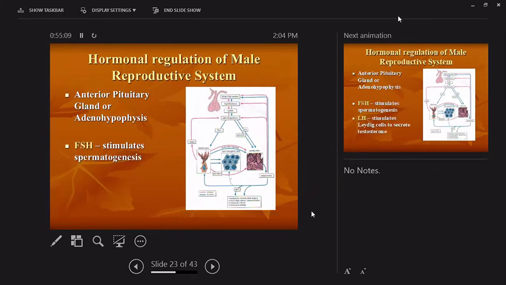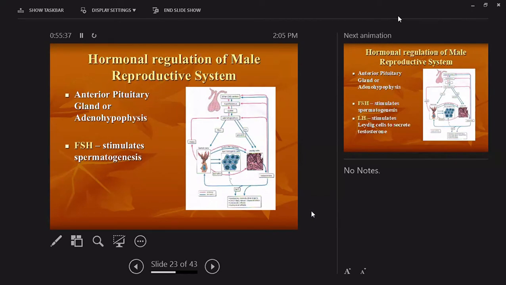FSH, follicle stimulating hormone, stimulates spermatogenesis. Look at the diagram. You would know that there is a feedback mechanism. If it is already enough, the body itself knows to give the feedback to stop it.